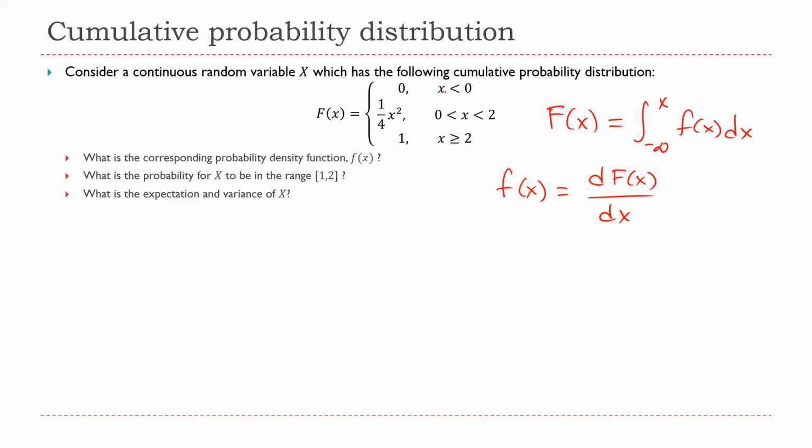So for x less than 0, the derivative is 0. For x greater than 2, the derivative is also 0. And for x between 0 and 2, the PDF is simply 1/2 times x.